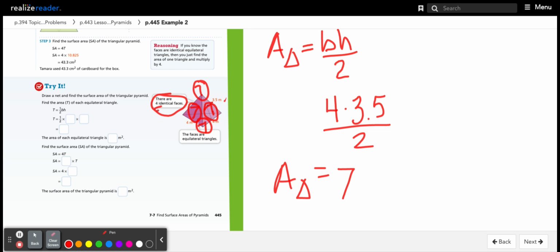I have 4 identical triangles. So then to find the area of this pyramid, I can do 7 times 4, which is equal to 28 meters squared.